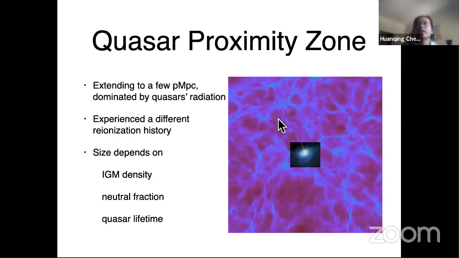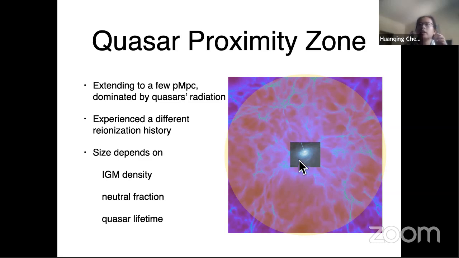As the name suggests, the quasar proximity zone is a region just surrounding a quasar where the radiation field is dominated by the quasar. Depending on the luminosity, this proximity zone can extend up to 10 physical megaparsecs. That includes a lot of large-scale filaments and halos.